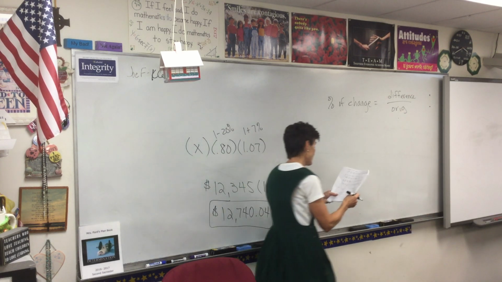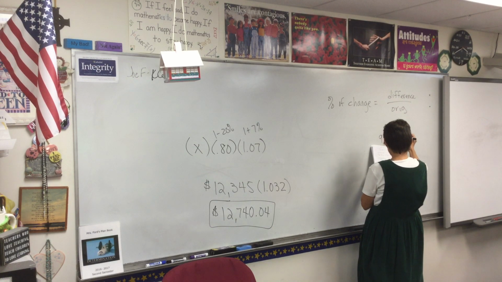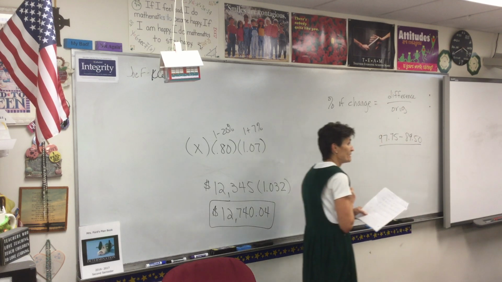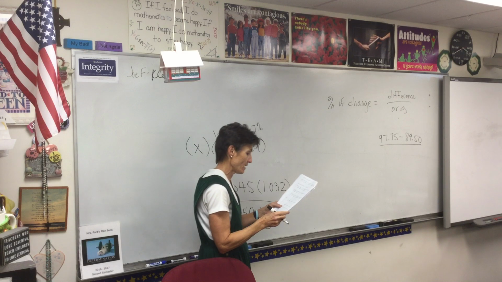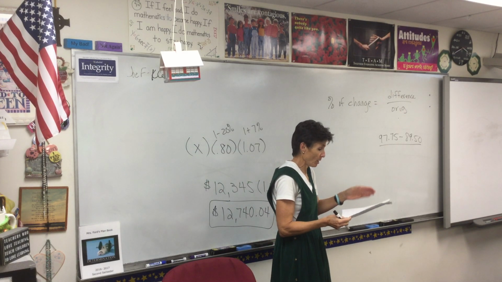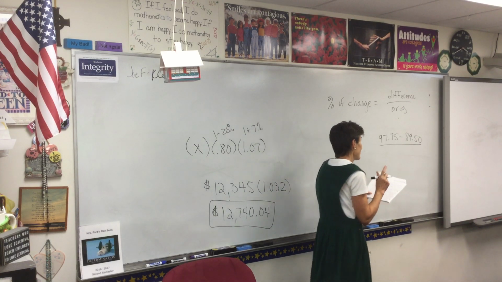So we're going to take 97.75 minus 89.50. That's going to be the difference of the two values. And we're going to divide it by the original price, which would be which one? The 89.50.